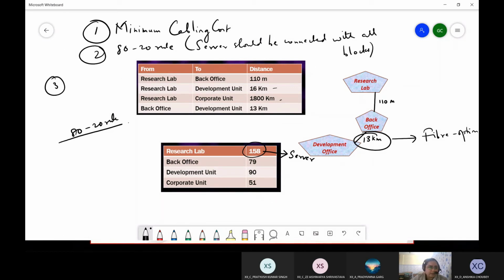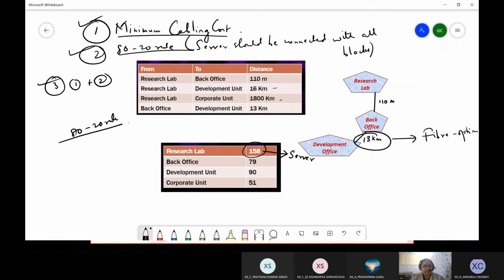And third is a combination of 1 and 2. Means to some extent we are following the 80-20 rule also, and cabling cost is also not that much higher. Okay, so depending upon the situation, you can provide 3 different options: layout 1, layout 2, layout 3.